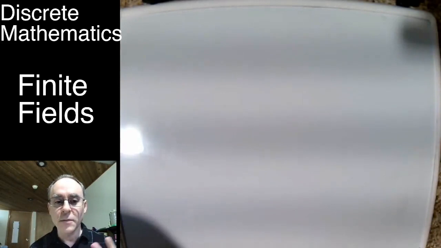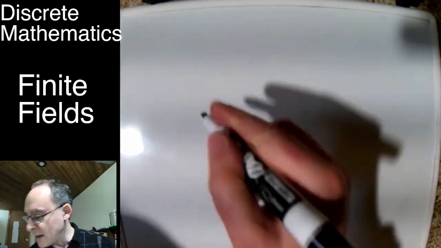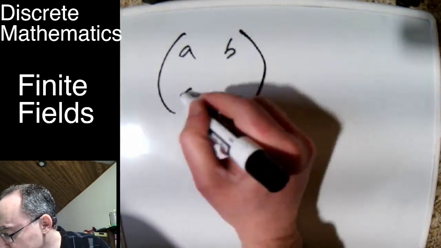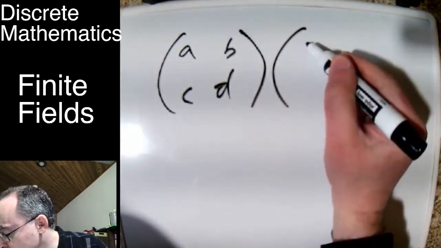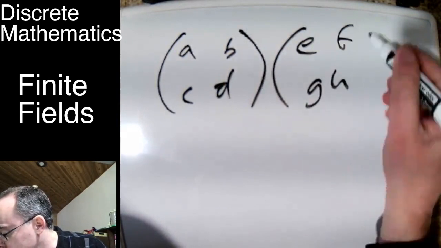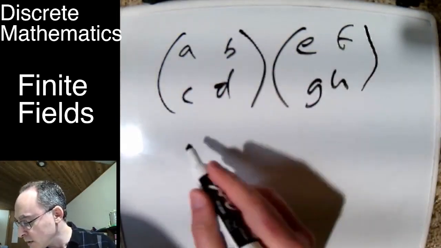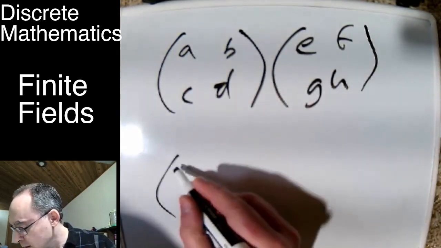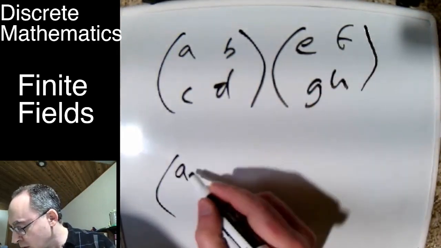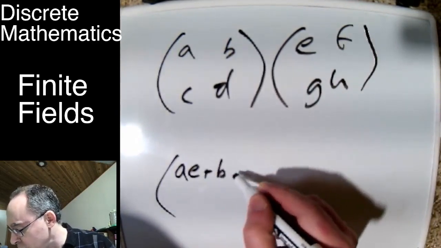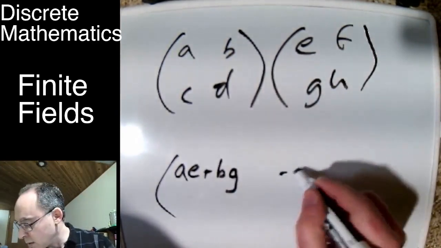It turns out, when we do matrix math, how do we multiply matrices? If we have A, B, C, D, and we multiply it by some other matrix, E, F, G, H, in general, matrix multiplication means we have to take the individual entries, multiply them with other entries, and also do addition. So we have AE plus BG for this element and so on.